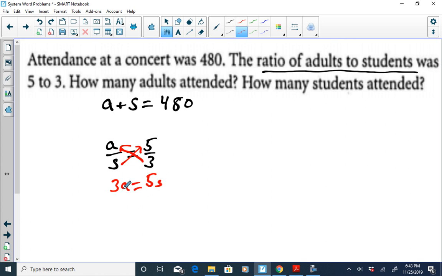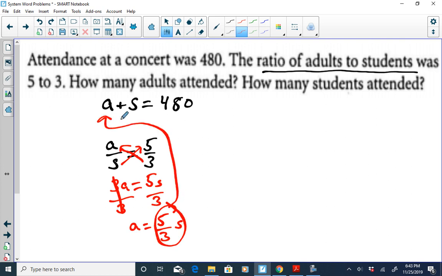Well, let's solve this equation for A. So I divide both sides of that equation by 3, and we wind up with A is going to be equal to 5/3 S.